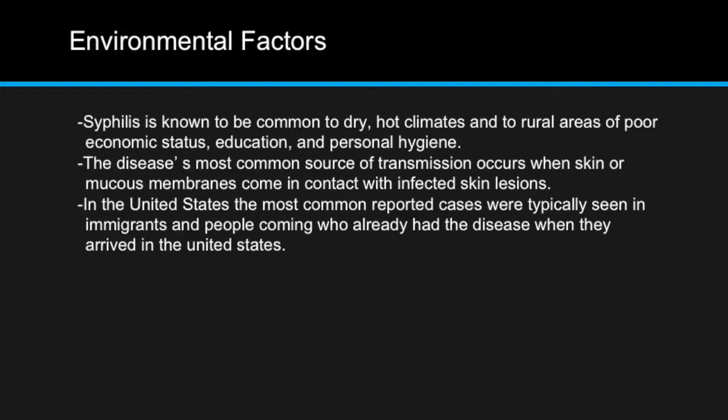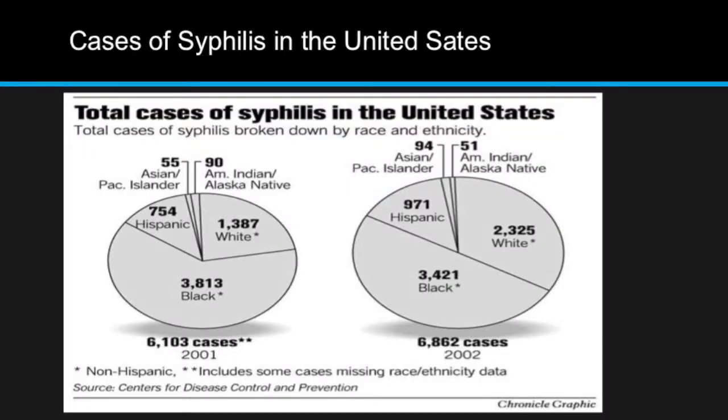The most common source of transmission occurs when skin or mucous membranes come in contact with infected skin lesions. The following slide is just a graph that shows the total cases of syphilis broken down by race and ethnicity, explained by the Centers for Disease Control and Prevention.